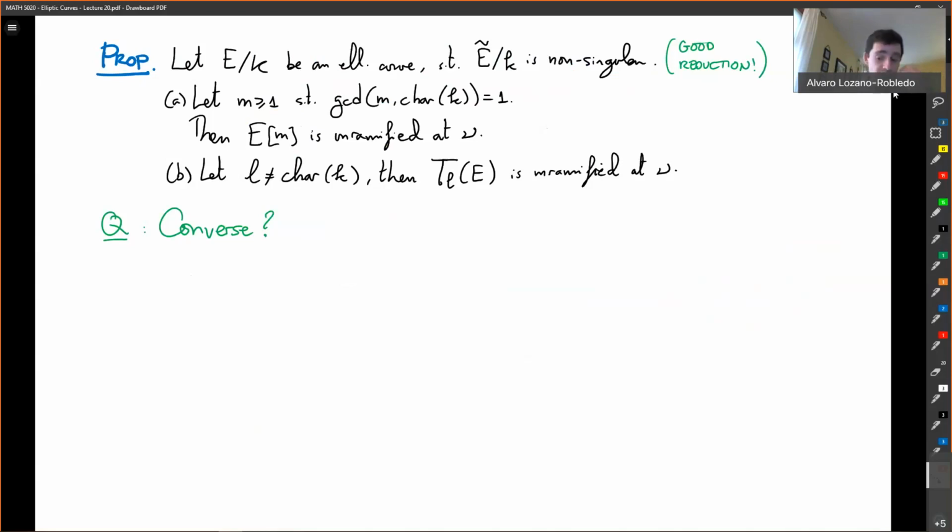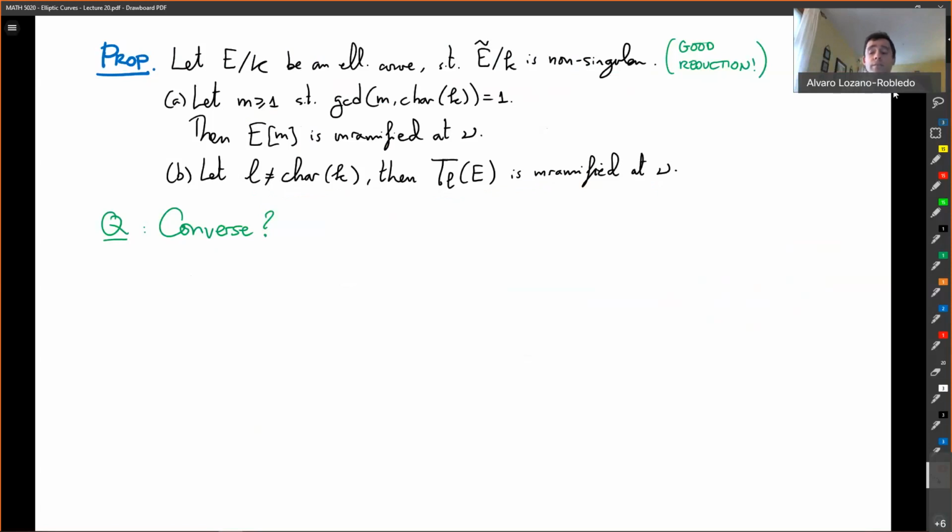This will have consequences when we try to prove the Mordell-Weil theorem. And if you take a prime l that is not the characteristic of your residue field, then you can do the Tate module, and the Tate module is also unramified. The automorphisms of the Tate module induced from Galois are trivial on inertia, so the field of definition of the Tate module is unramified at nu.